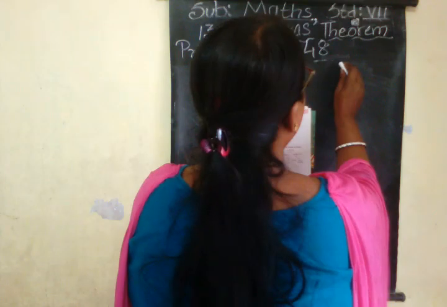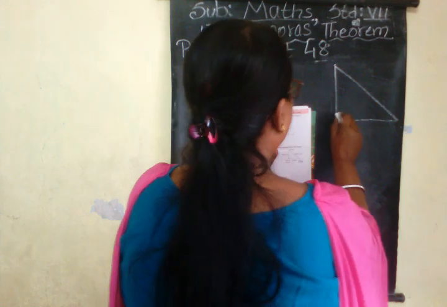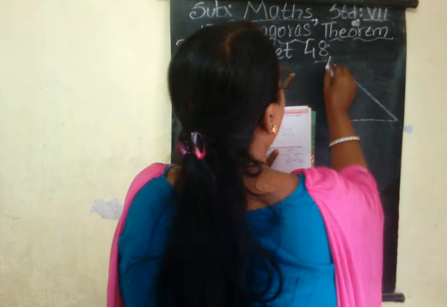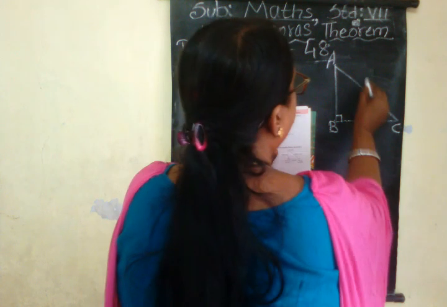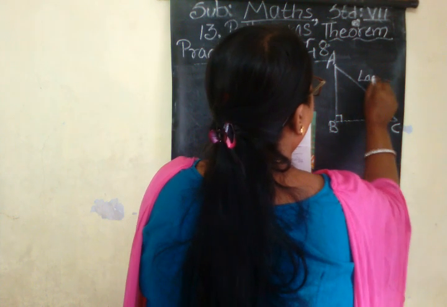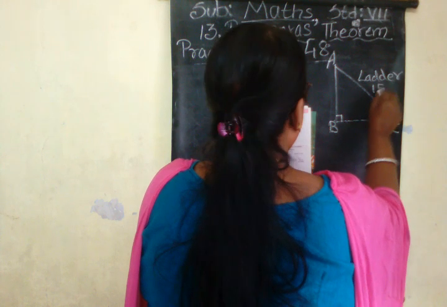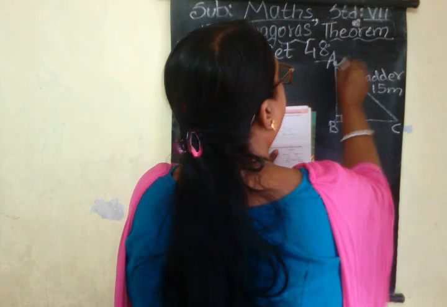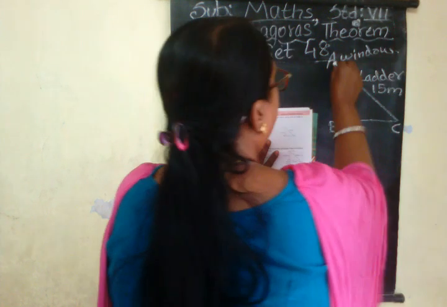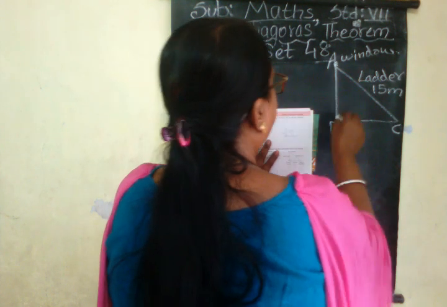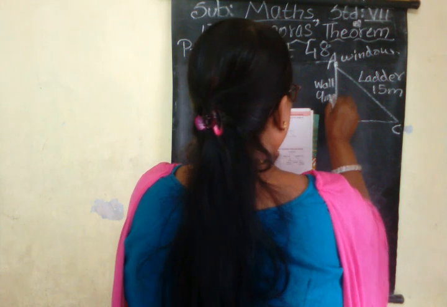Suppose, children, I have drawn this right angle triangle. Here is the 90 degrees. I have given it the name ABC. In this ABC, this is the ladder, whose length is 15 meter, and at the point A there is a window. Wall is side AB, and the height of the window on the wall is 9 meter above the ground.